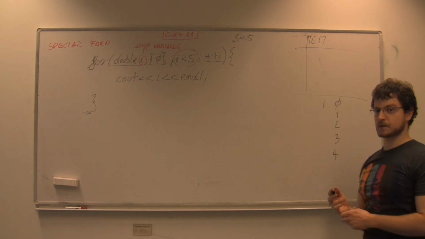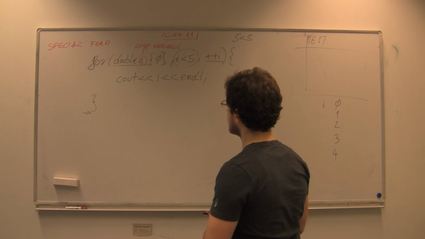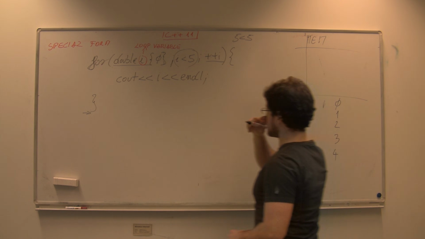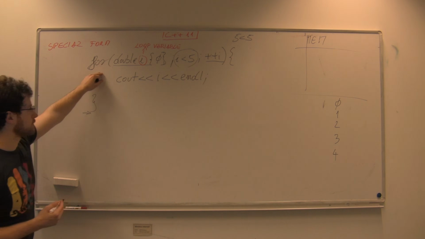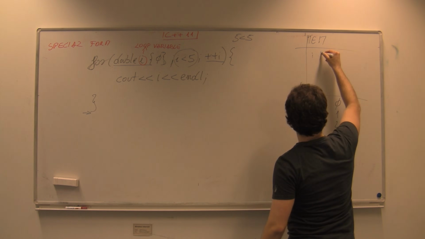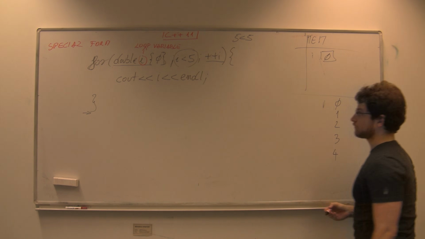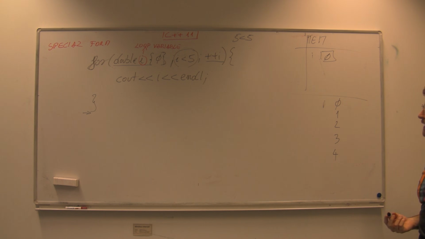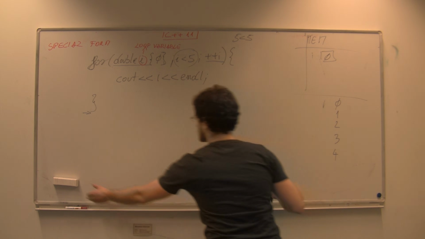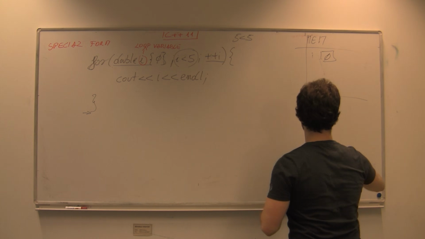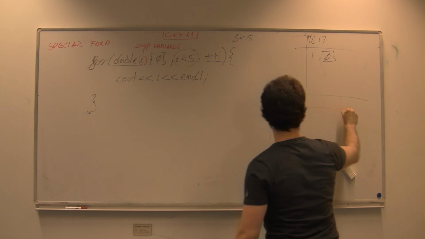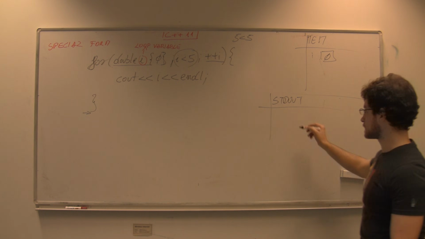Let's convince ourselves that this is the case by evaluating the special form. The first step is to perform the loop initialization step, where we introduce the loop variable and set it to 0. We check the condition, it's true, and we execute the body of the loop, which has the effect of sending to standard output the current value of the loop variable, that's 0.